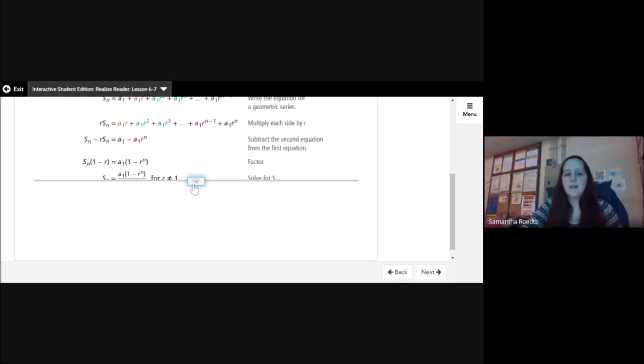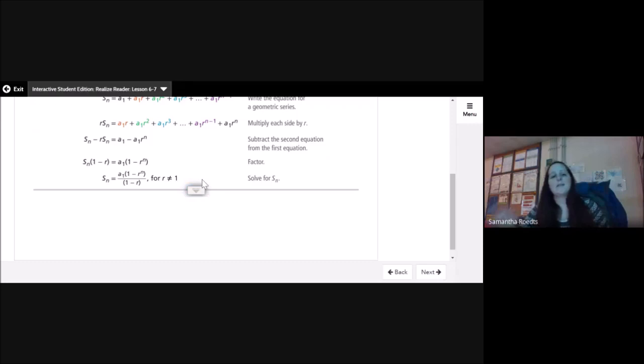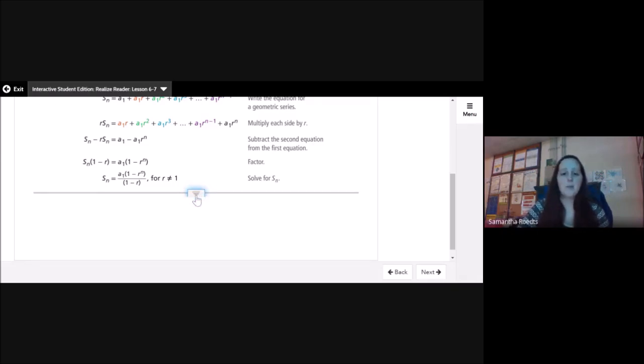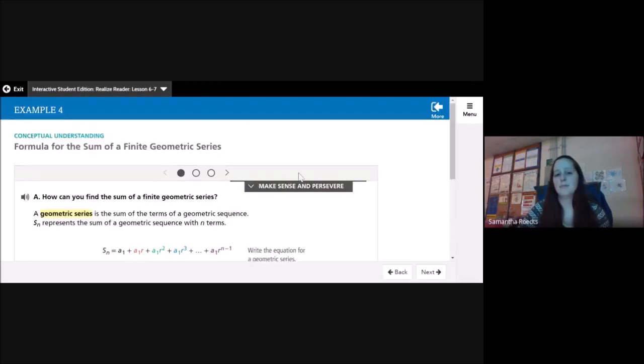So I get S sub n times 1 minus r equals a sub 1 times 1 minus r to the nth power. I solve for S sub n, so I get a sub 1 times 1 minus r to the nth divided by 1 minus r, where r, of course, cannot be 1 because that would make the denominator 0, and bad things happen when you divide by 0. So this is my formula.